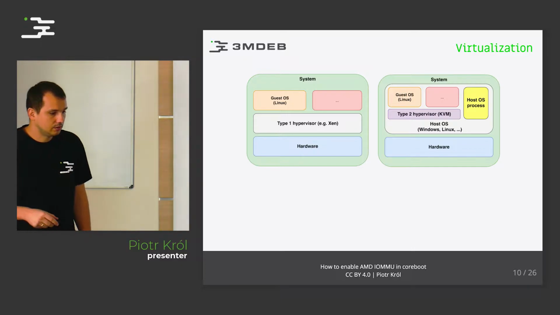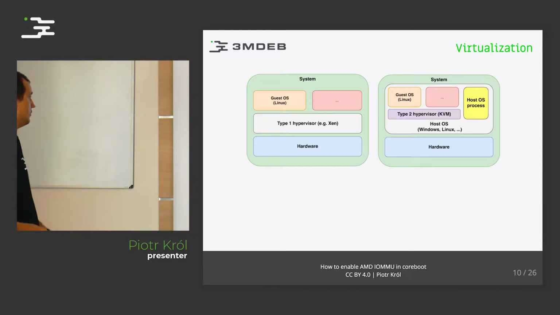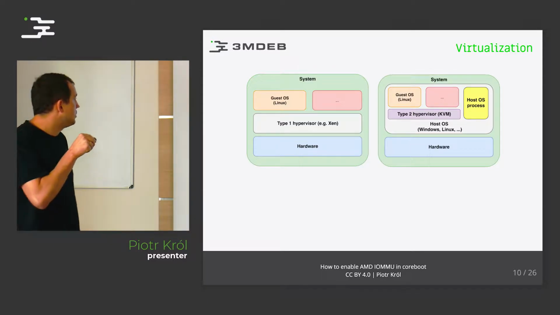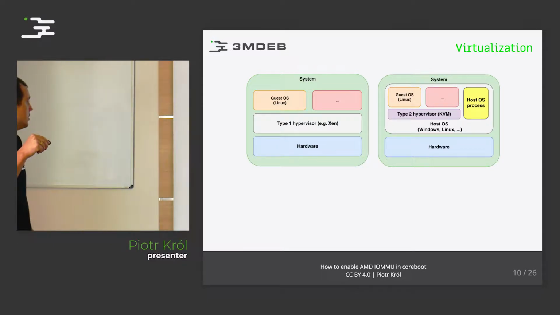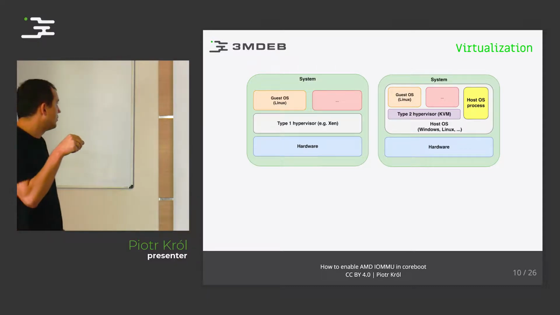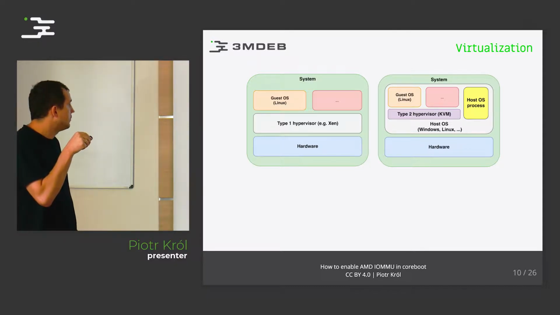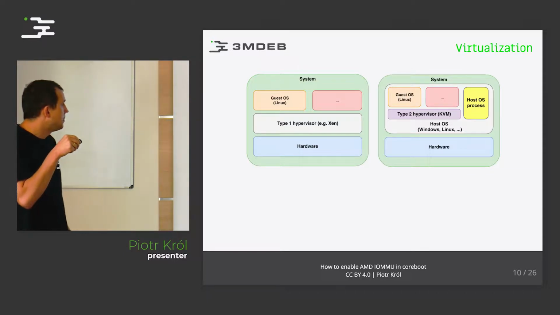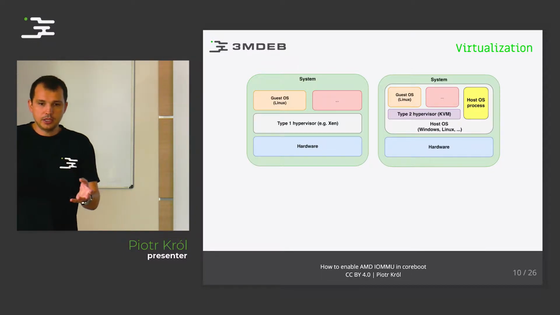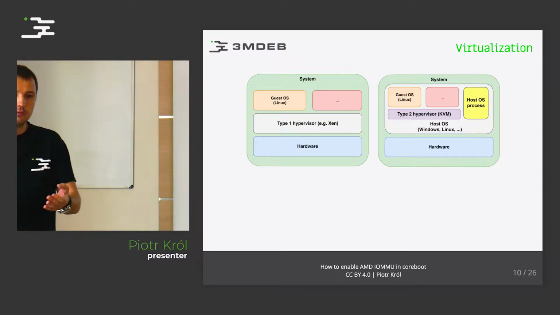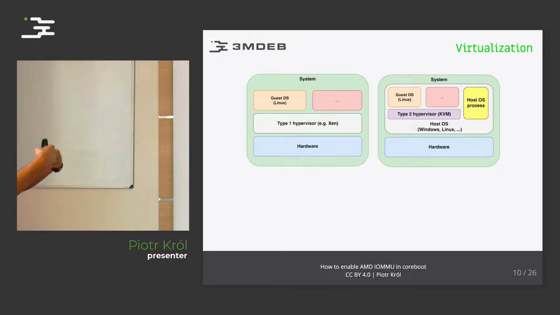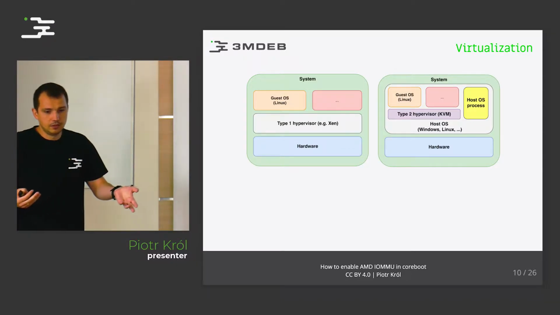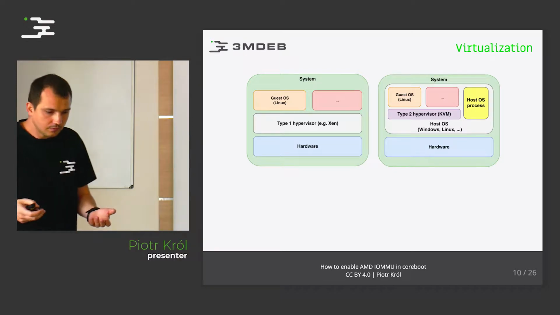Virtualization. As I said, we have two types of virtualization, type 1 and type 2, and these are two separate systems. We have our hardware, and on top of that we may have some hypervisor. The difference is that type 1 is a separate kernel which is running during boot, and then guests are running inside this kernel or hypervisor.